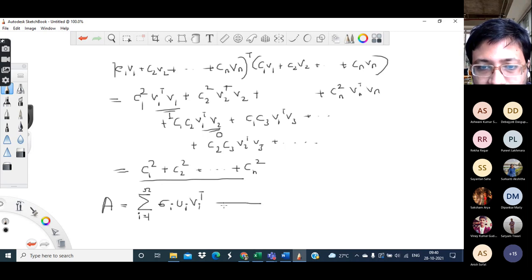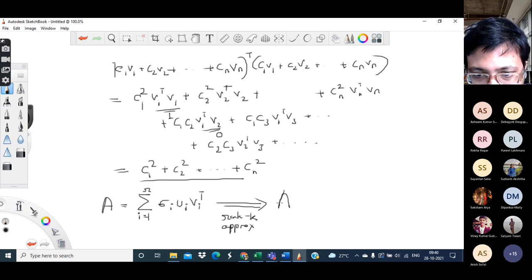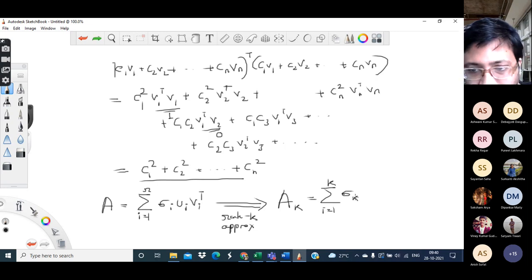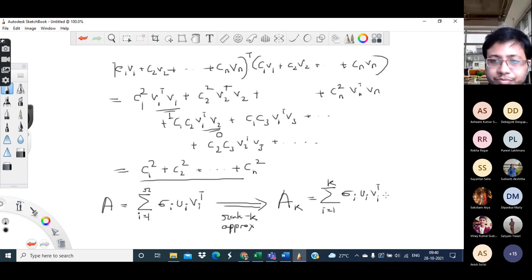Now I want to get a rank k approximation of the matrix, and this we had said we can denote by A_k, which is nothing but the summation i equal to 1 through k of sigma i u_i v_i transpose.